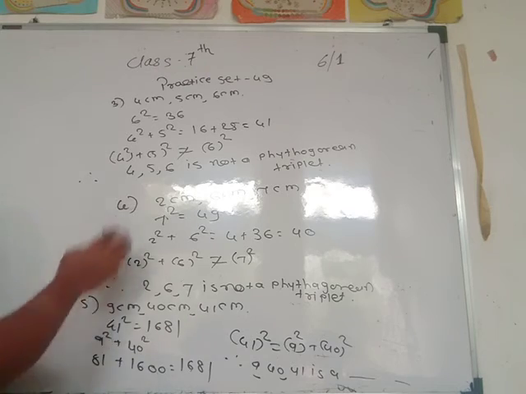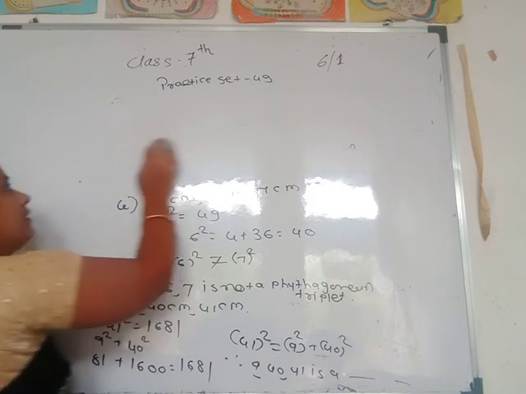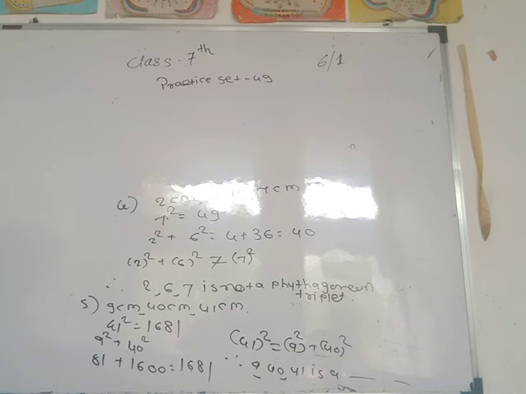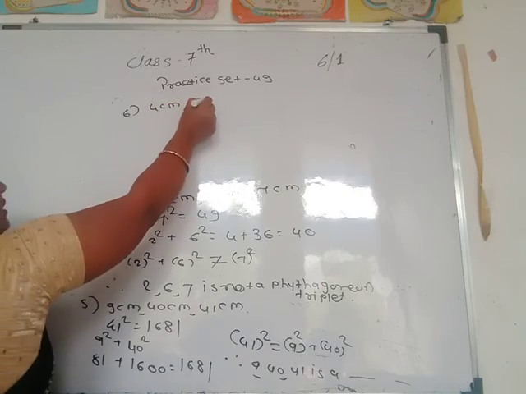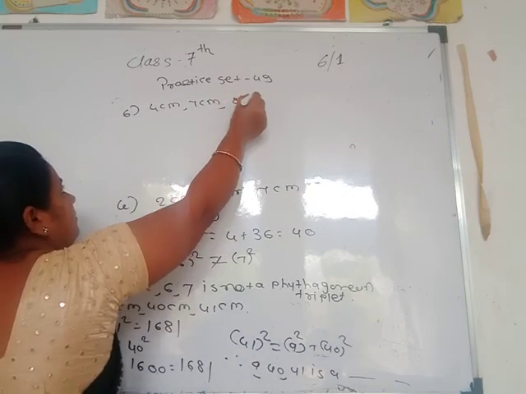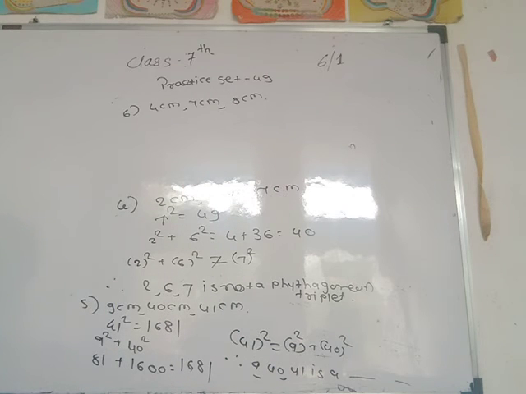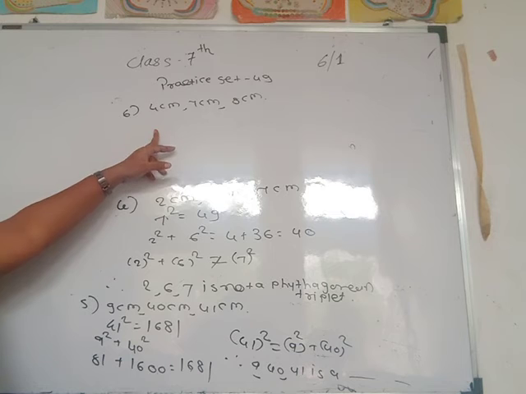Then in this practice set 49, one more example remained. See this sixth one: 4 centimeter, 7 centimeter and 8 centimeter. Here the biggest number is 8. You write here 8 squared is 64.